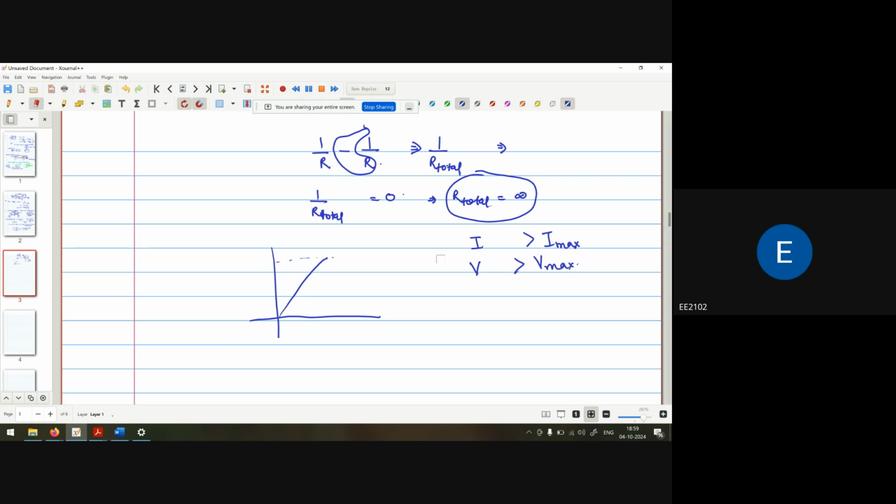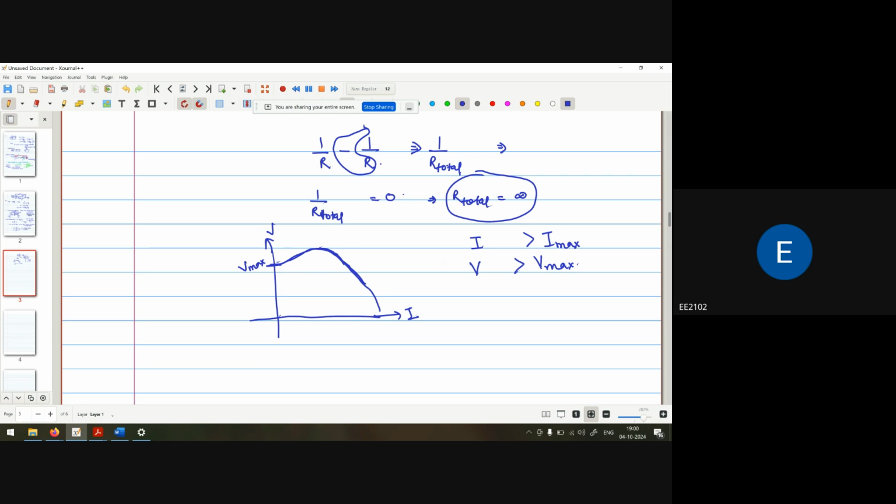You will see this type of graph in future subjects. If we are working on the graph, the current will increase and after that start decreasing. This is my maximum limit V max, this is the voltage V and this is the current I. If at a certain time my voltage is higher than the maximum voltage, the current starts reducing. This phenomenon is shown by some electronic devices.